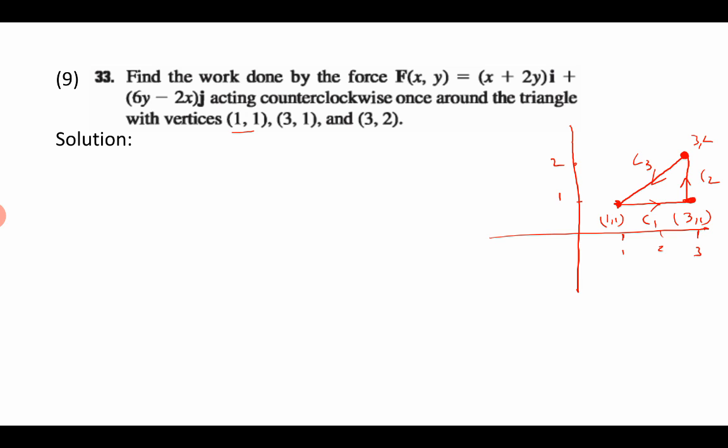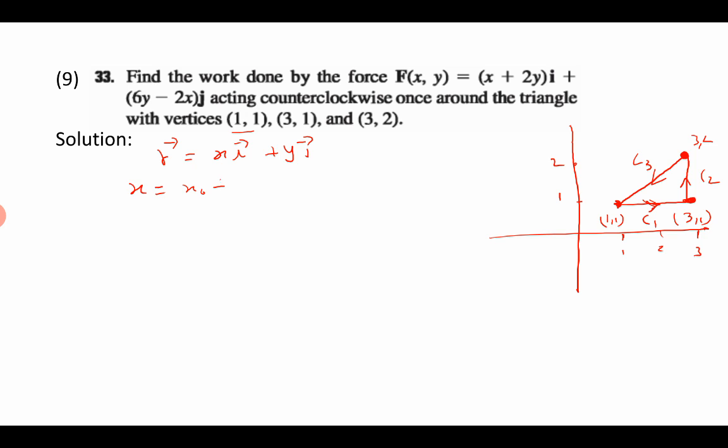Now we take some vectors, we find the position vector. We want to find r vector, which is x i plus y j, isn't it? X and y in parametric form you can find. Use calculus 3 to write the parametric form of the vectors.